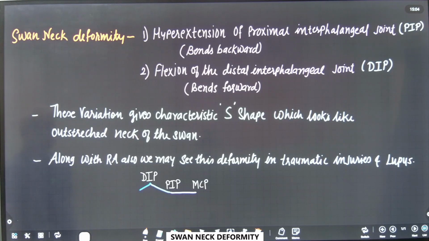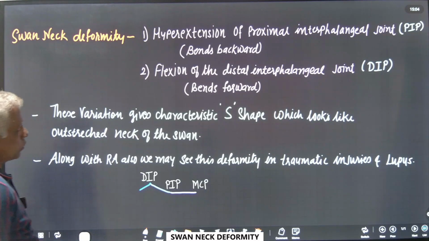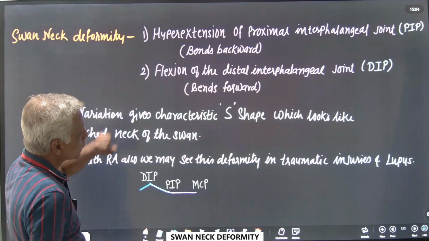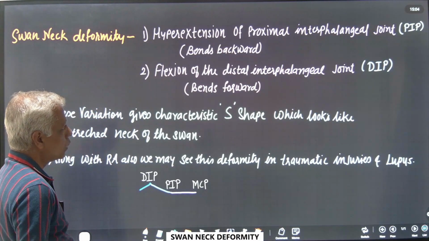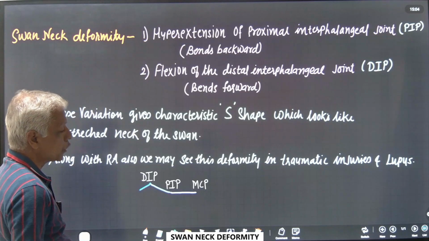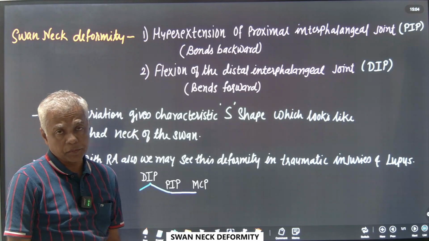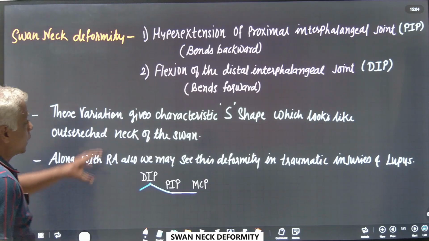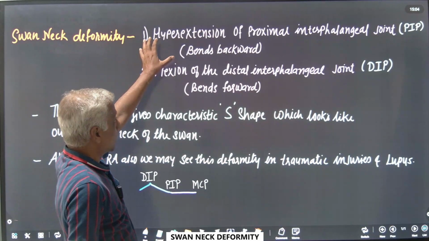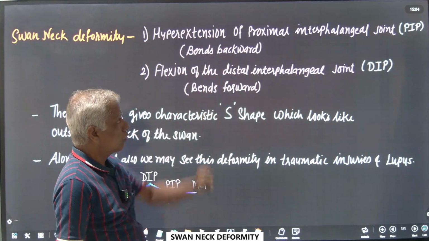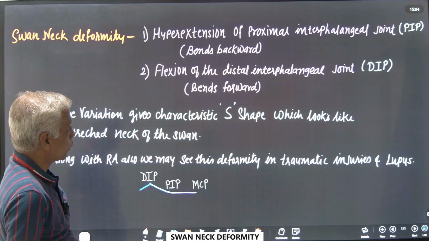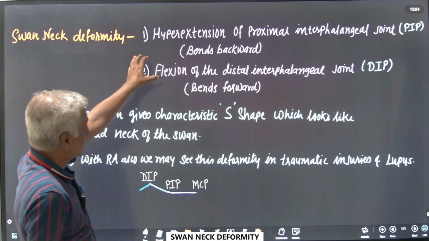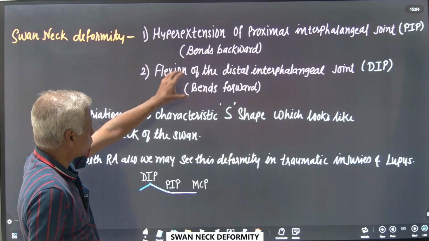See the features of the swan neck deformity. In the swan neck deformity, we have a hyperextension of the proximal interphalangeal joint. So this PIP joint is getting hyperextended, or as we say, it bends backward.